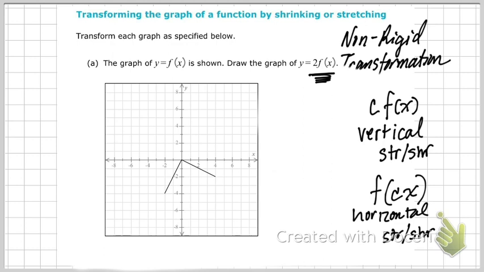And we're starting off here with the vertical. So this one is matching this notation. And what this 2 means is that all my y values are going to be doubled.